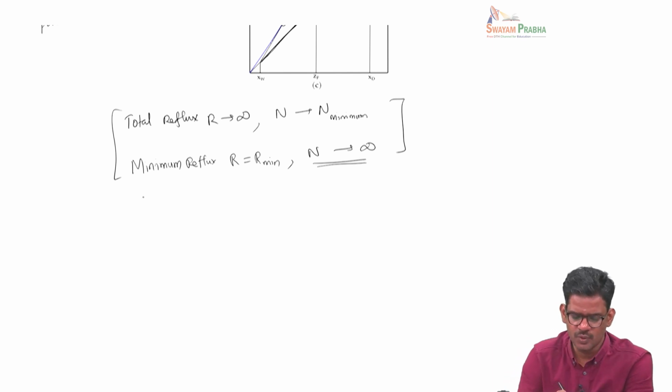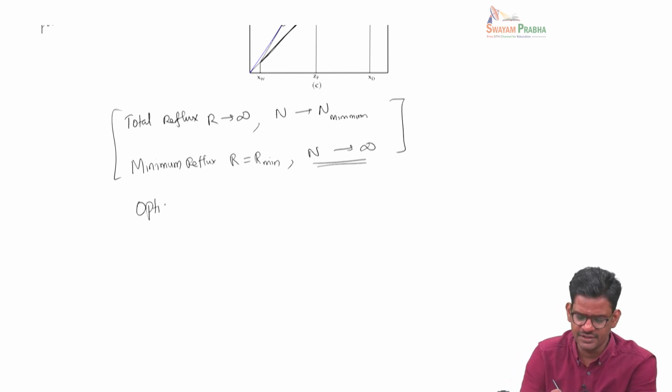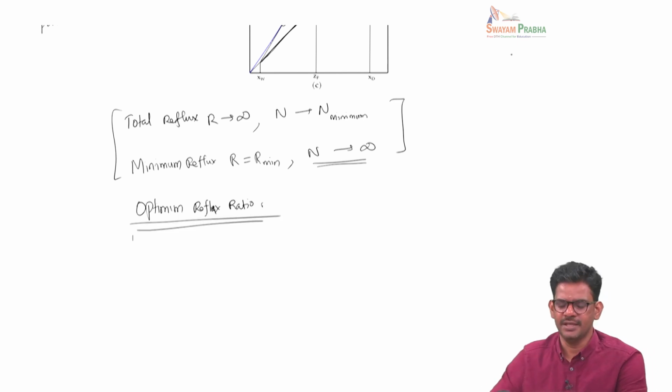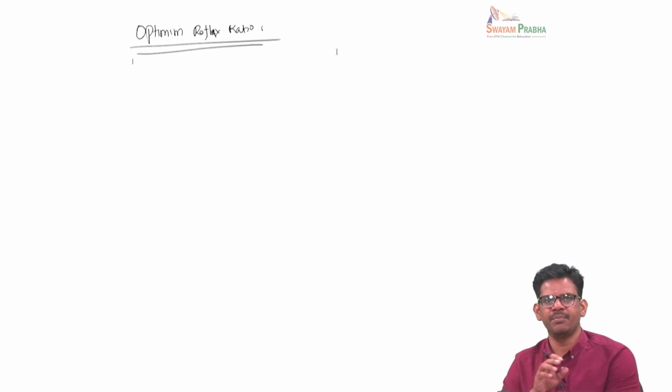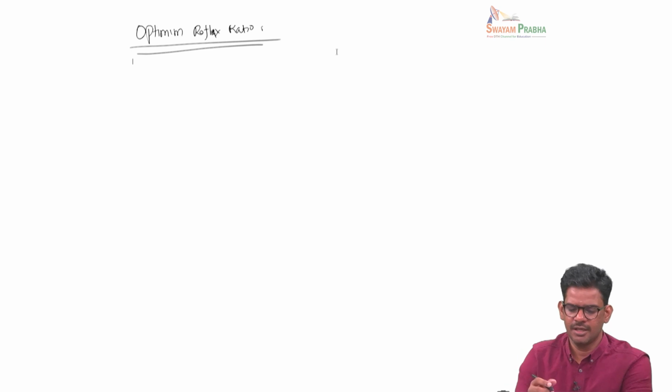So we can ask, what about the optimum reflux ratio? Is there an optimum reflux ratio? Generally, the optimum reflux ratio has to be obtained based on economics, the cost involved.